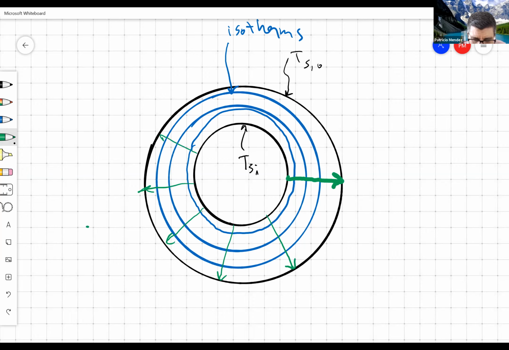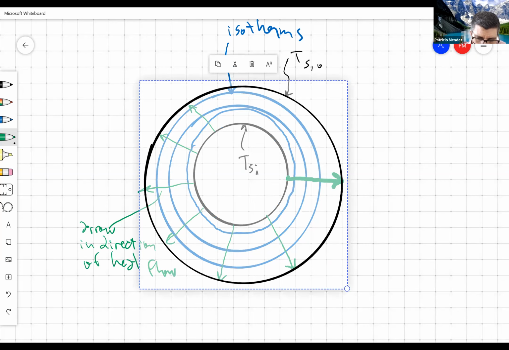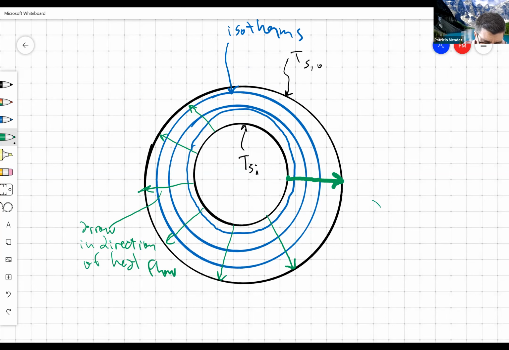And although I'm putting an arrow, that arrow would apply in this case if the inner temperature is higher than the outer temperature.